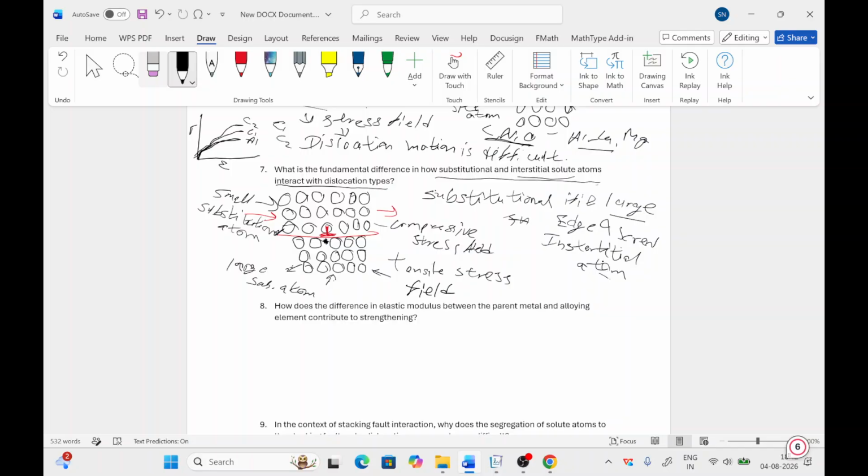But the substitutional atom interacts mostly with the edge dislocation.